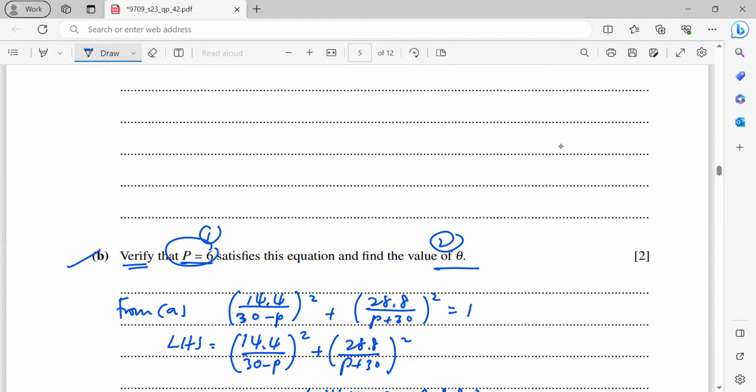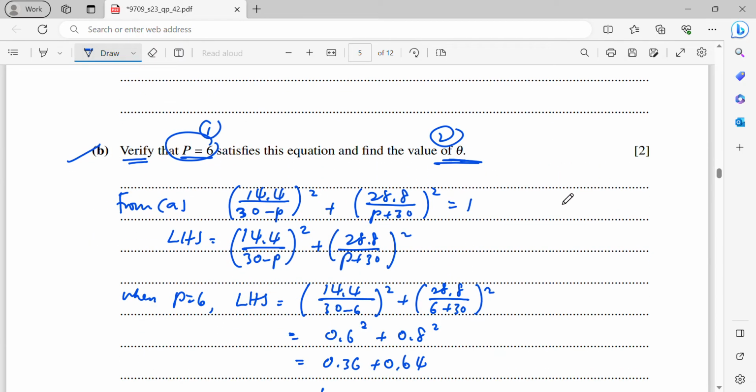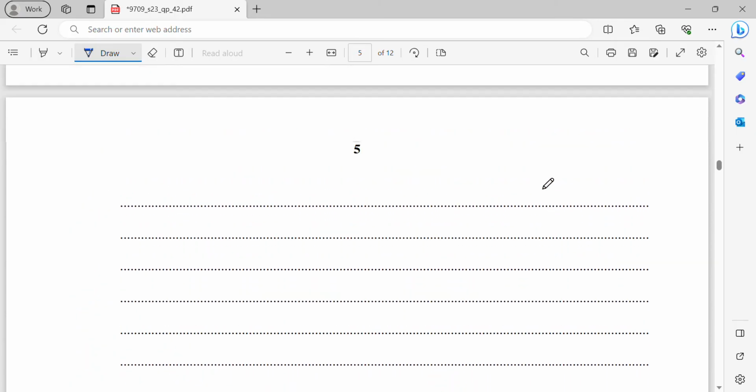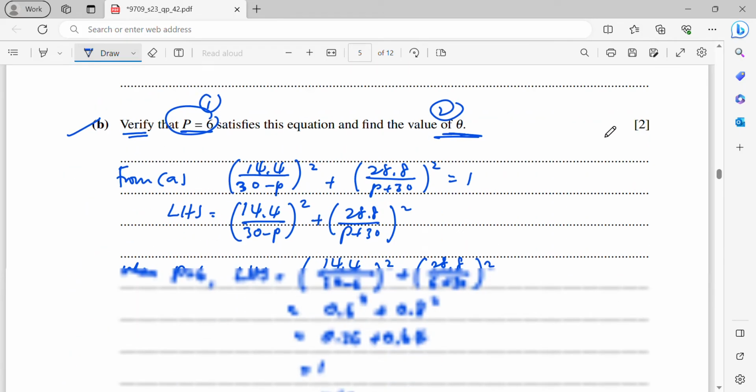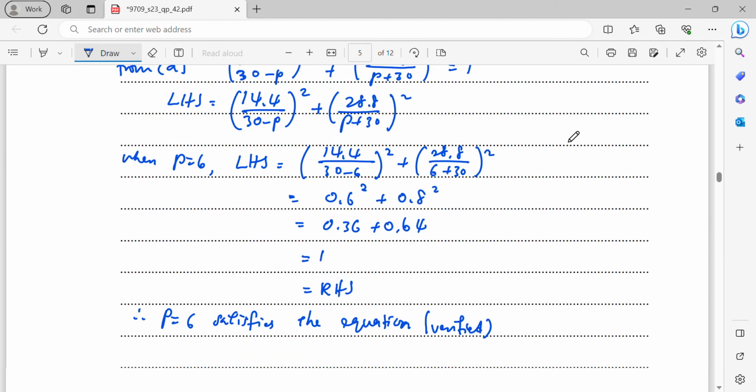Alright, so now the next one is to find theta. To find theta, we refer back to our previous working. You can use the sine theta or you can use the cos theta, it's up to you. I'm going to use the sine theta. From A, equation 1, sine theta equals 14.4 divided by 30 minus P, and we know that P is 6 now.